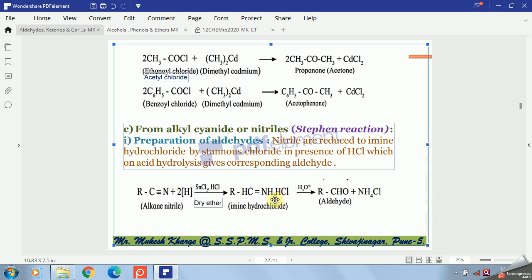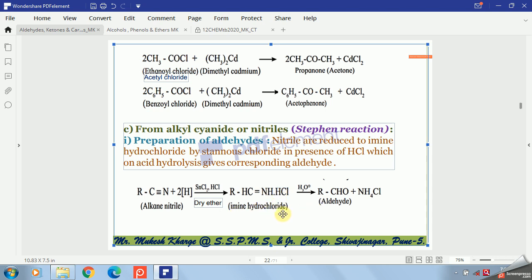Okay, and then you have to undergo hydrolysis of that imine. So carbon-nitrogen double bond, if it is the functional group, the compound is called an imine, and it is basic in nature, so it is balanced by HCl, which is the acid.